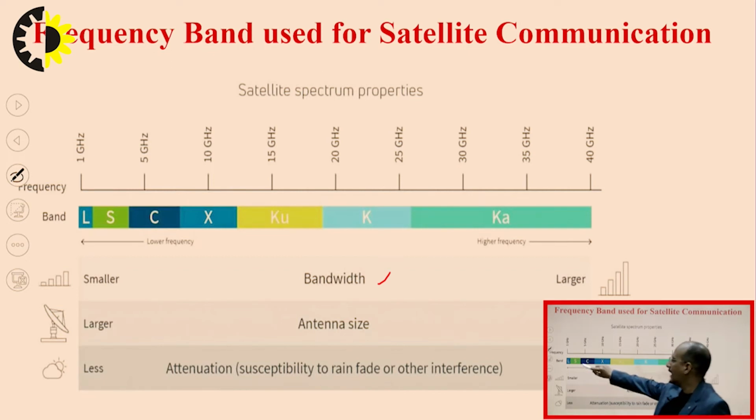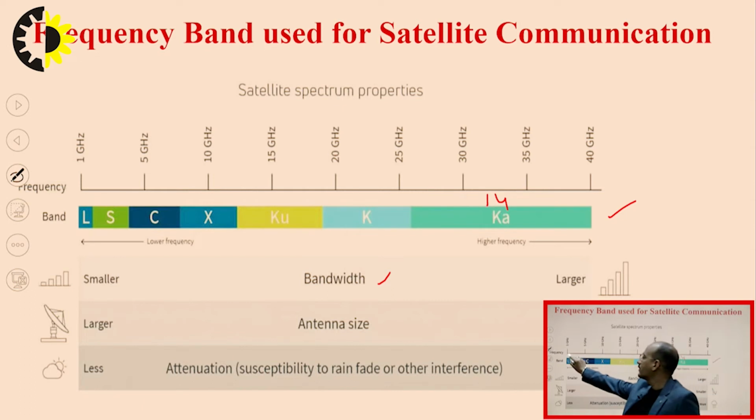For the L band, the domestic band, the bandwidth is small, whereas for extraterrestrial purposes, the bandwidth is high. For the K band, that is 14 gigahertz, whereas in the previous ones it is less. L is only 1 gigahertz, S is 2 gigahertz.